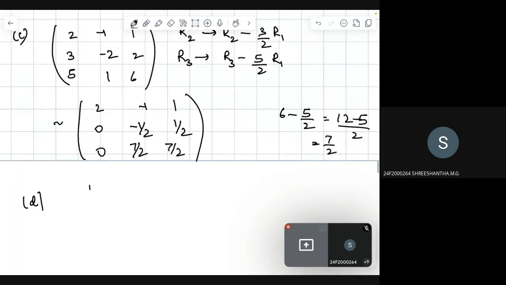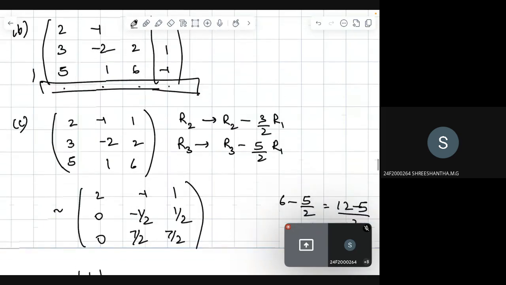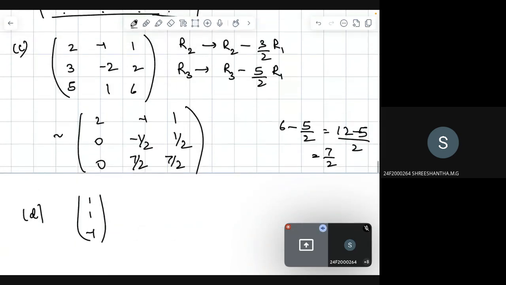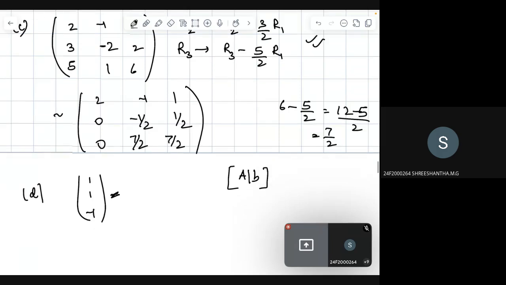So if we have 1, 1, minus 1, and we apply the same operations here, these two operations I'm going to apply to this column. This will basically be the augmented matrix for this particular case. I'm going to apply it only to this column because I've already done it for the total matrix.